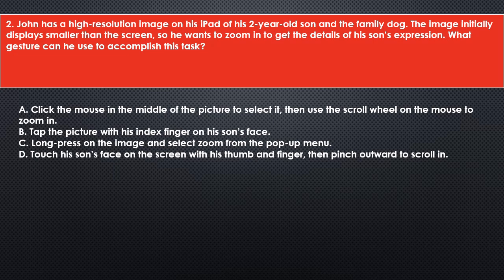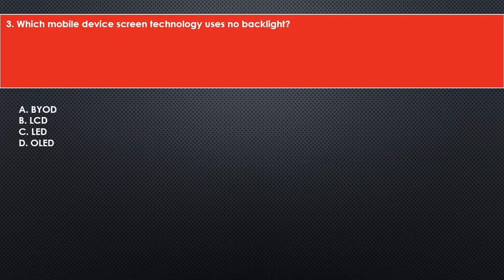B. Tap the picture with his index finger on his son's face. C. Long press on the image and select zoom from the pop-up menu. D. Touch his son's face on the screen with his thumb and finger, then pinch outward to scroll in. Answers: D. John should touch his son's face on the screen with his thumb and finger, then pinch outward to zoom in.